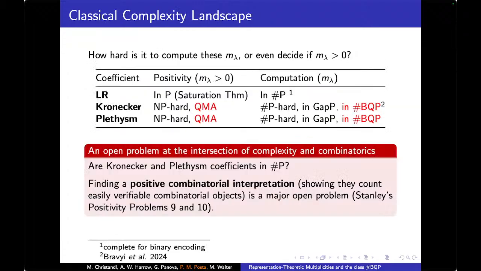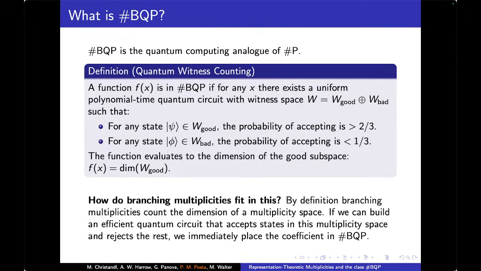Okay, so it's somewhat clear that quantum computing is, yes? So, is it clear that this W good should be a linear subspace? Sorry? So, W good being a subspace, is that clear? Yes, because all circuits are linear, right? I see. Even though we're taking probability of accepting at least 2/3. Well, okay, so if you think about QMA, not every protocol in QMA has this nice split of good plus bad.